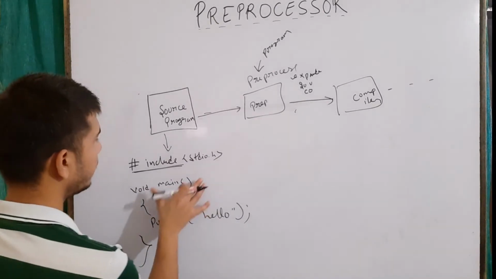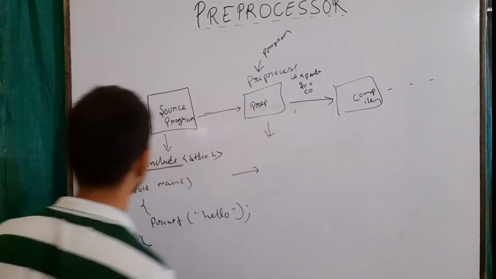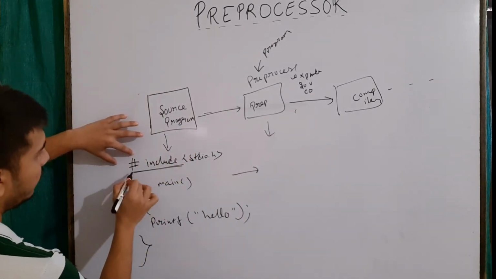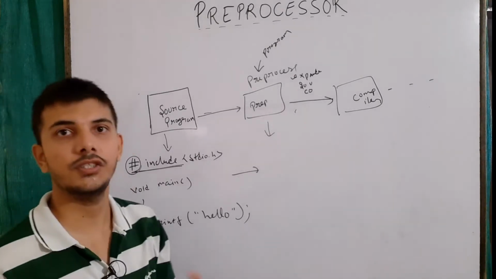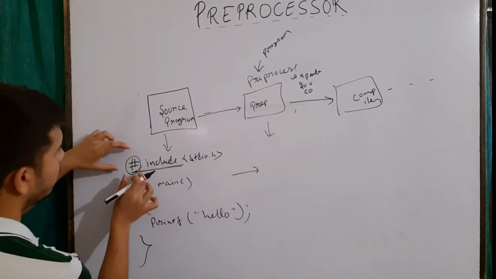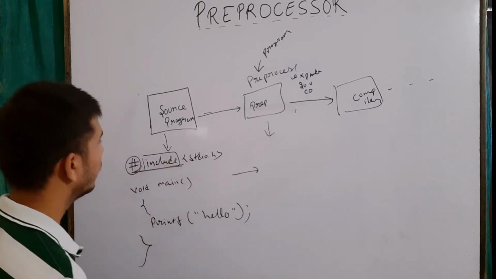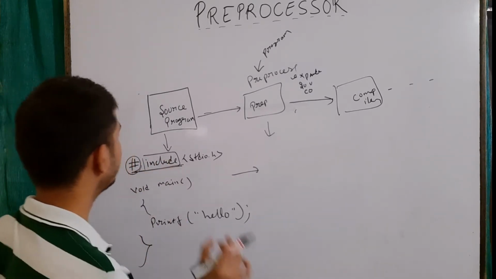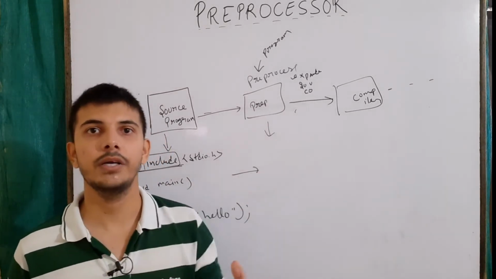So when our source program goes to the preprocessor, what does it do? It will see, okay, this is a hash, this is a directive, I have to process some instruction. Next it will see what instruction I have to do: include. What does include mean? It means to include a particular file.